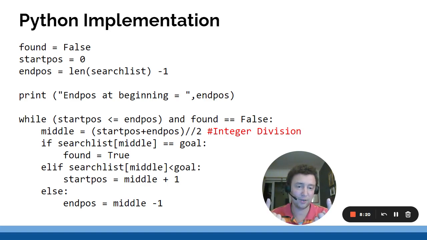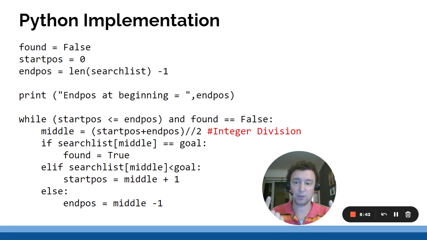And you know from 1D arrays that arrays start at 0, and that would mean that position 5 is actually the 6th item in the array. So that makes sense, yeah? So we've got our end pos at 6 and our start pos at 0. The print just displays it on the screen just for fun, and it's just to help with debugging, to be honest. And then we start our while statement.